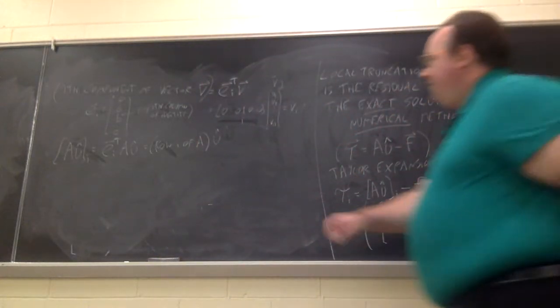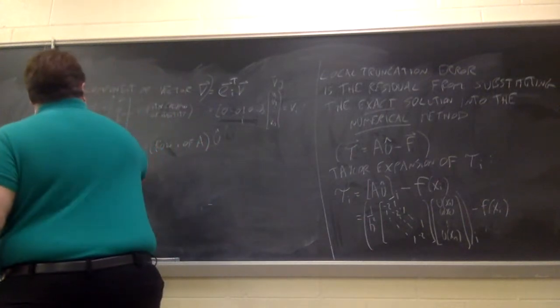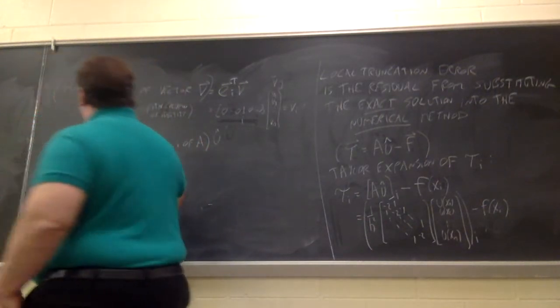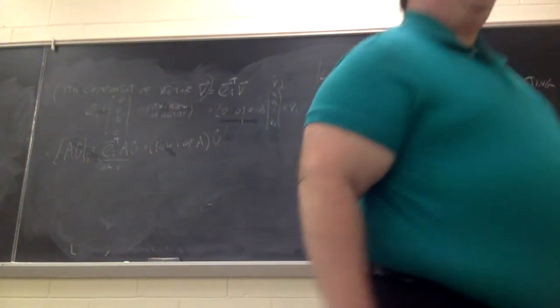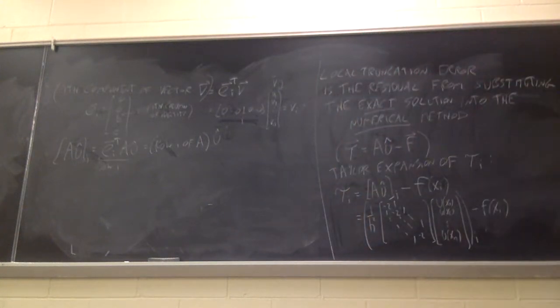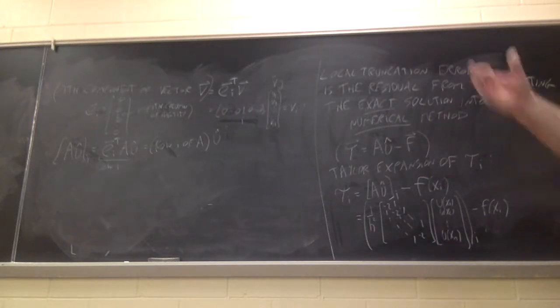So to extract a row of a matrix, you multiply on the left by e_i transpose. To extract the ith column of a matrix, you multiply on the right by e_i. What I was about to do was take the ith row and take a dot product with u, but I didn't really explain where that came from, so here it is.